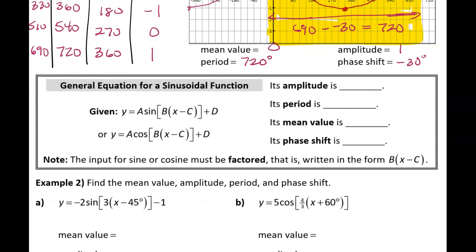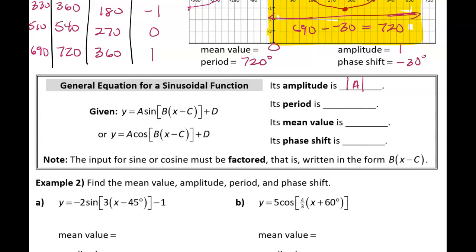Okay, let's generalize some things. Generalizing for a sinusoidal function, if you have y equals a times sine of brackets b times parentheses x minus c, plus d, the amplitude of the sinusoidal function is the absolute value of a. Keep in mind that if we're measuring amplitude, it's always a positive number. That's the reason why we're taking the absolute value. If a is negative, that just means that the graph may be flipped vertically.